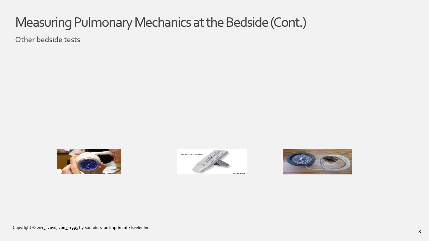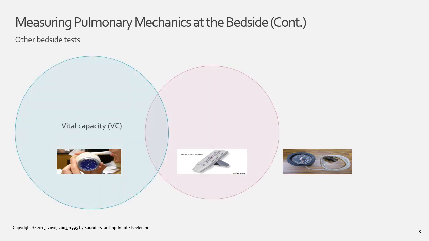Other things that we might measure at the bedside. Vital capacity uses a small meter for a child to blow into slowly and steadily their entire breath. This is particularly useful in the case of neuromuscular disease.